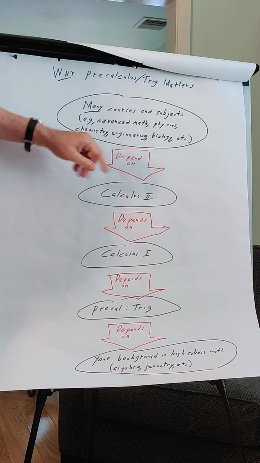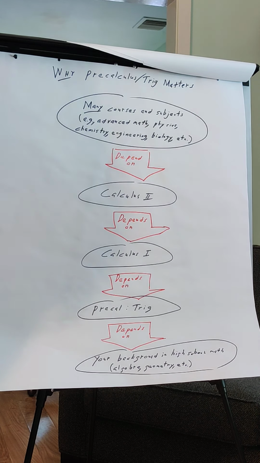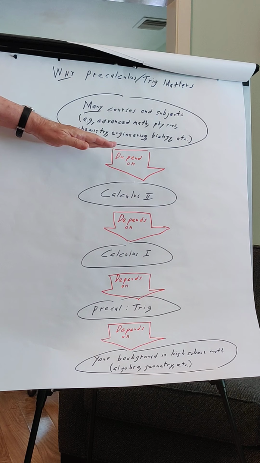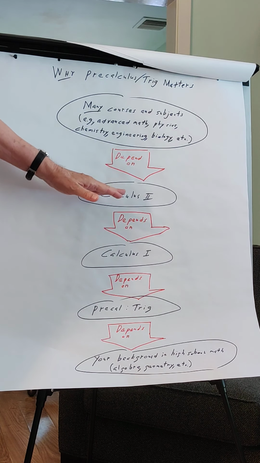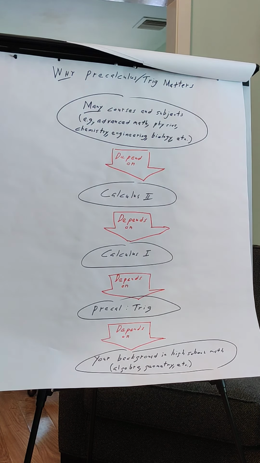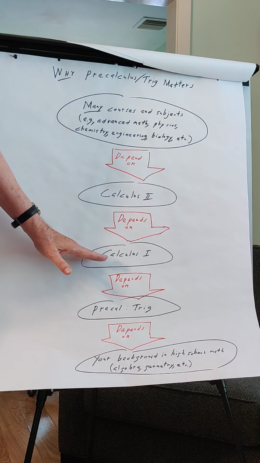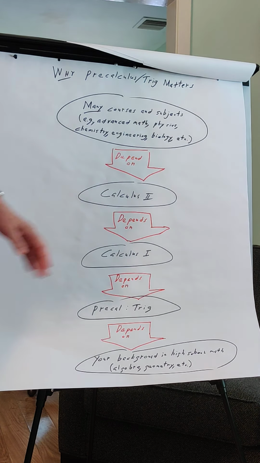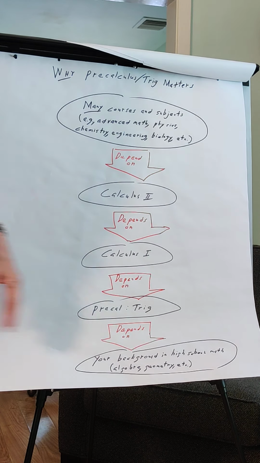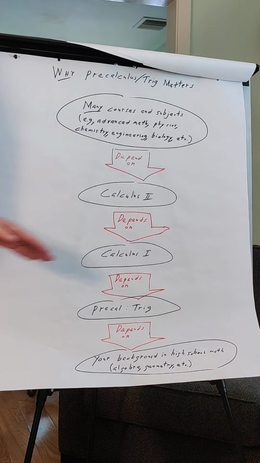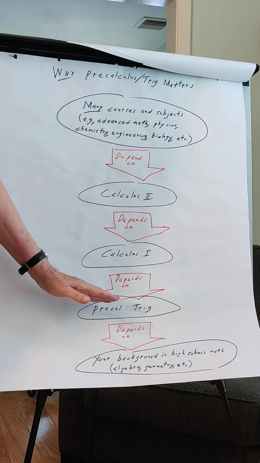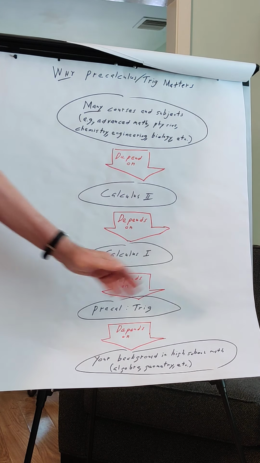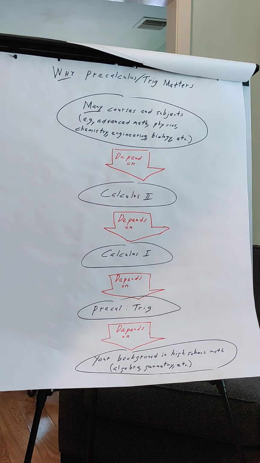Subjects like more advanced math courses, physics, chemistry, engineering, biology, etc. Very many of these courses assume Calculus 2 as a prerequisite. Calculus 2 requires Calculus 1 as a prerequisite. And Calculus 1 needs pre-cal and trig as a prerequisite. That's why it's called pre-cal. So this is a foundational course, and you really have to learn this material very, very thoroughly. If you get a good foundation, you can expect to do much better later on.